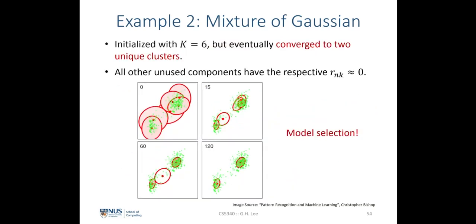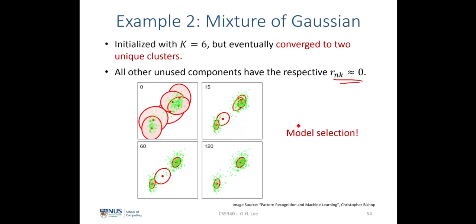Now here's an illustration of the iterative steps in our variational inference approach on the mixture of Gaussian. We can initialize the number of clusters to be k equals 6, but we'll see that it eventually converges to 2 unique clusters over here. And what this means is that all unused components would have their respective R and K be approximately equal to 0.